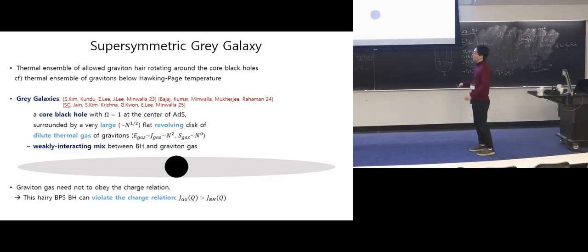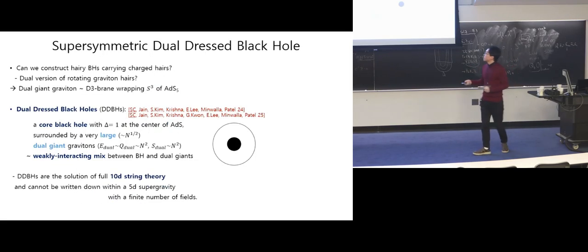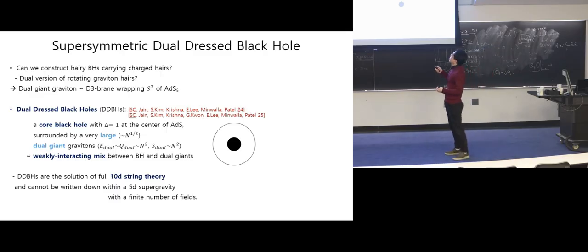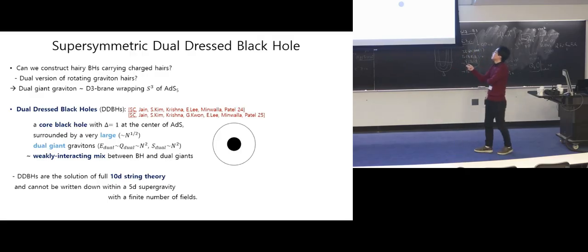This angular momentum is, of course, angular momentum rotating around AdS5, but our charges can be understood as angular momentum on the internal sphere S5, right? So can we construct hairy black holes carrying charged hair? That means, can we consider some dual version of rotating graviton hair, which we know very well?